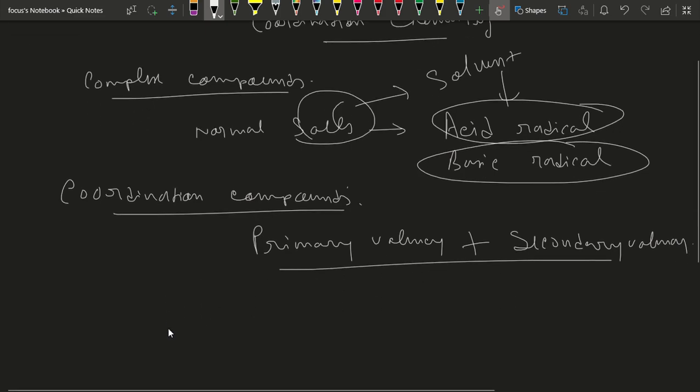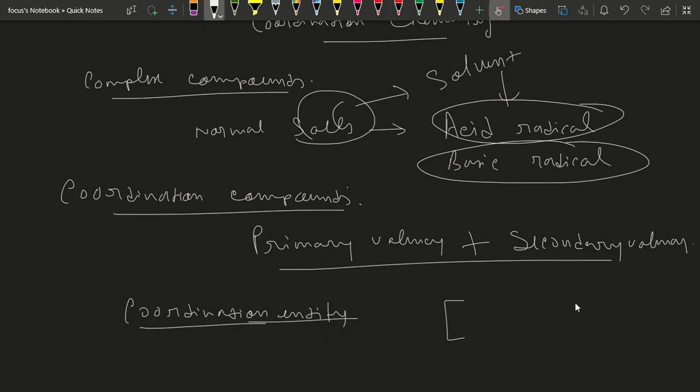Like in coordination compounds, one is called coordination entity. This coordination entity can be written in square brackets, and outside this square bracket there may be some ion or atom which will satisfy the primary valency.